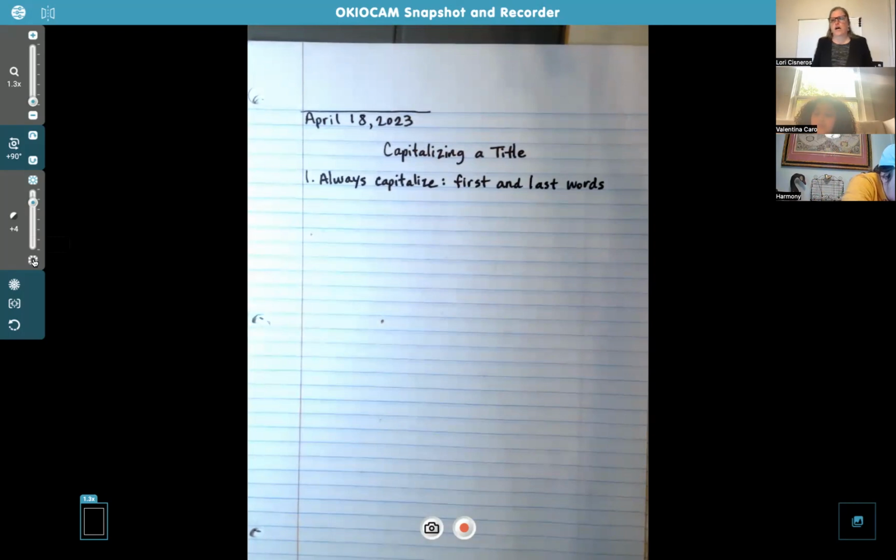So if you have the title, The Golden Touch, the would be a capital T because it's the first word. And then touch would be capitalized because it's the last word.